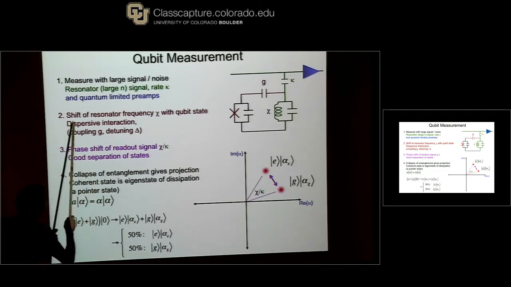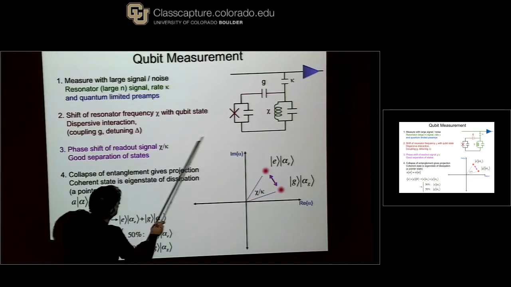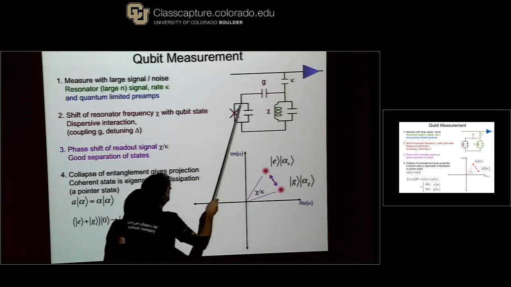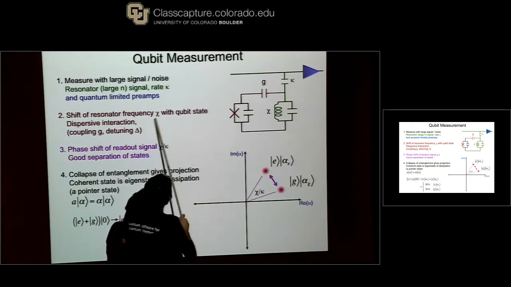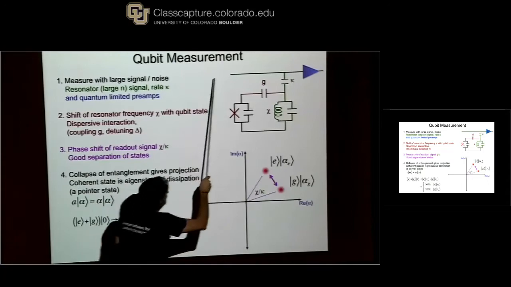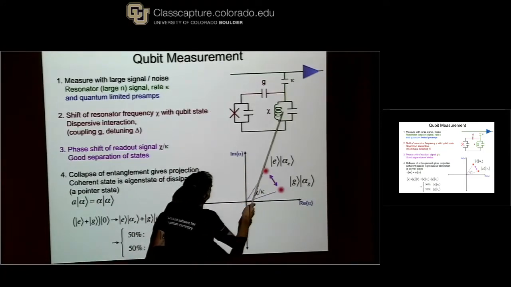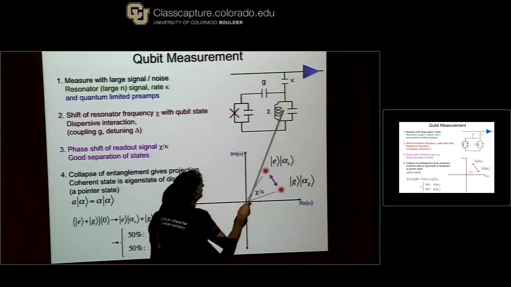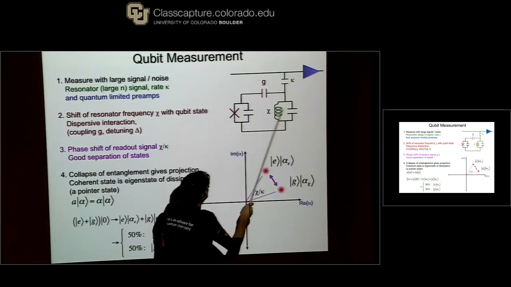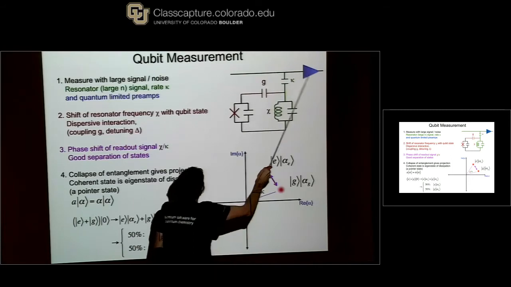So the basic physics here is that the off-resonant coupling between the ground state and the excited state changes this frequency. When you put a signal through here and reflect it off of here, whether this is one frequency due to the ground state or another frequency due to the excited state, this will shift.